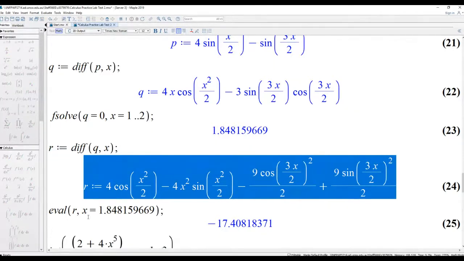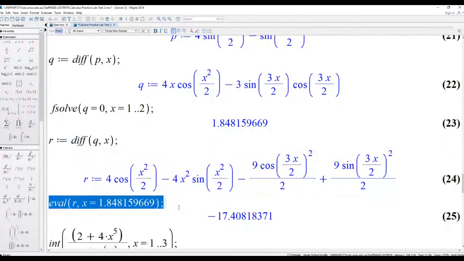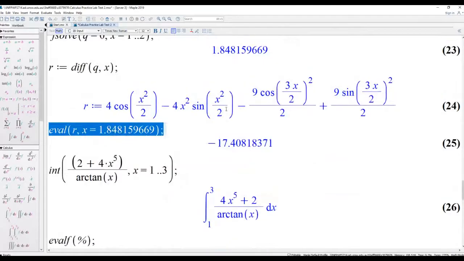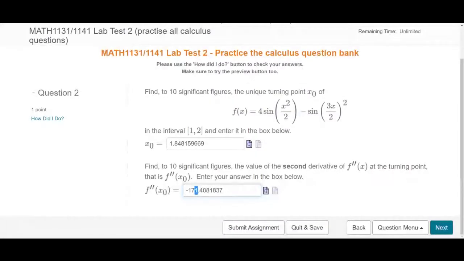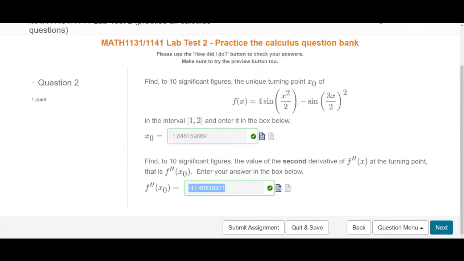I got this, and then I've evaluated it at the turning point. Okay, so I get this. I can put that into my little box. How did I do? Yes. So hopefully with those ones, you can see that the idea is very similar, okay?